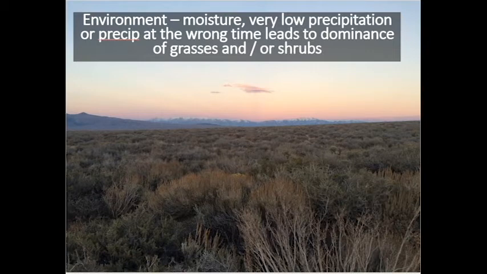So as soon as one moves from the high elevations of the Sierra Nevada and down into the lower areas, it still can be quite cold in the winter, but it's not wet enough, and it's not wet enough at the right time of year for forests to dominate. So I don't want you to have the misconception that it's only a matter of precipitation. The timing of precipitation matters also for the dominance of grasses versus shrubs or trees.